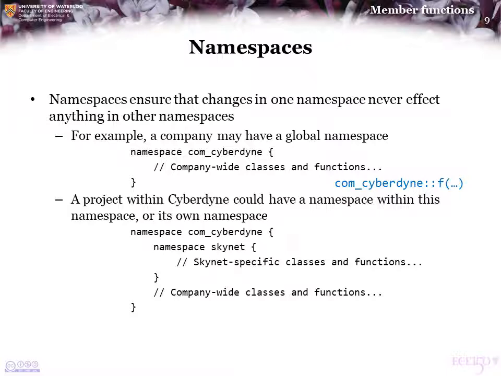Within the com_Cyberdyne namespace is the namespace Skynet, and this would include the Skynet-specific classes and functions. Now, if you wanted to call a function f within this namespace, you would call it with com_Cyberdyne:/Skynet:/f.